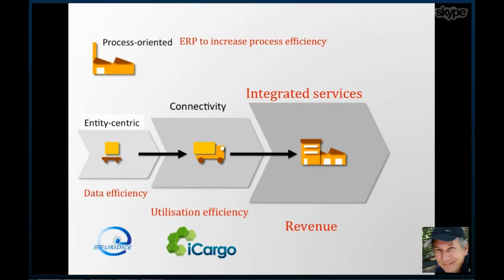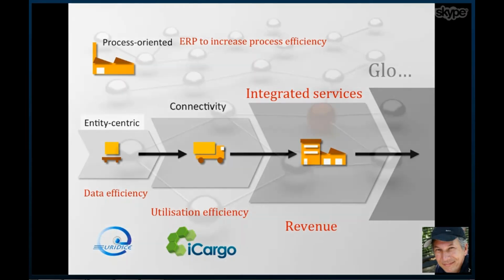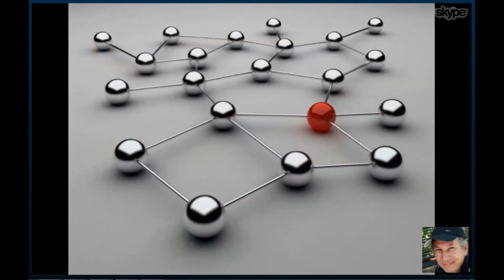The next step would be to integrate the business services and software services to have a more optimized and controlled supply chain, and to create new services. And the future will be all of this, but then globally. So if we go back to the main problem that we want to solve, that's visualized in this picture.